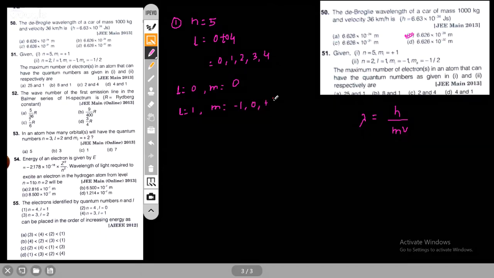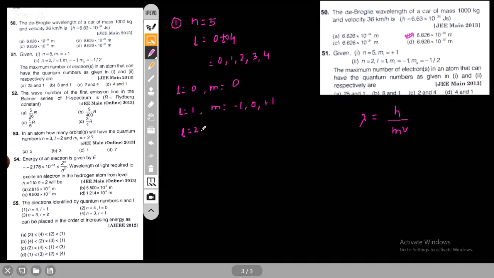See, for the first one, it is given n is equal to 5. So l can be anything from 0 to 4, which can be 0, 1, 2, 3, and 4. If l is 0, m will be 0. If l is 1, m will be minus 1, 0, or plus 1.